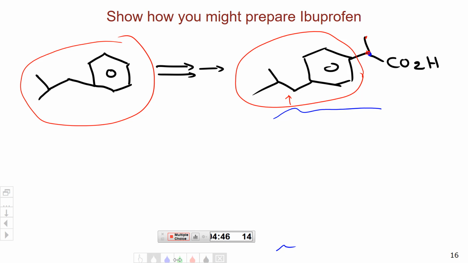This carboxylic acid is not a benzoic acid, so there is no easy benzylic hydrogen that I can oxidize. So I'm thinking backward, the same as we've done in the slide before. I know that this used to be a Br or a Cl or iodine, so this used to be the alkyl halide.